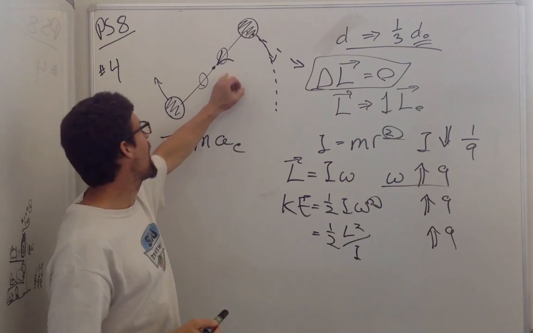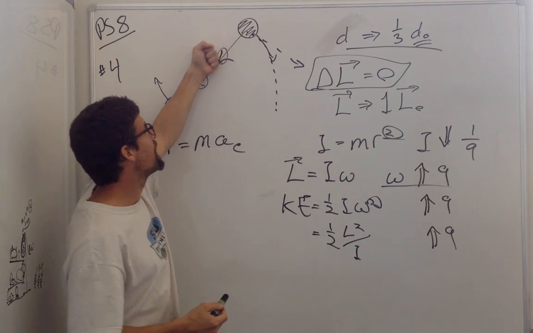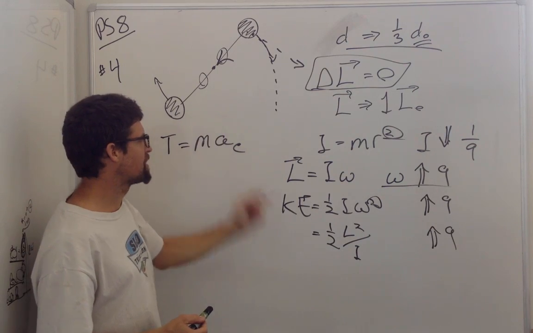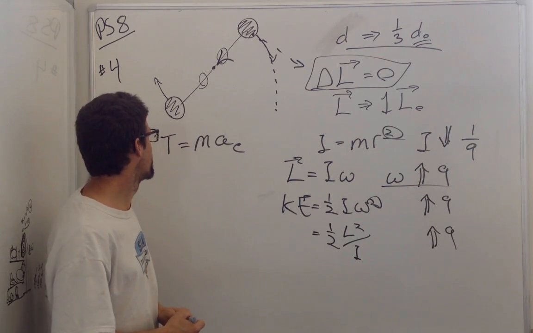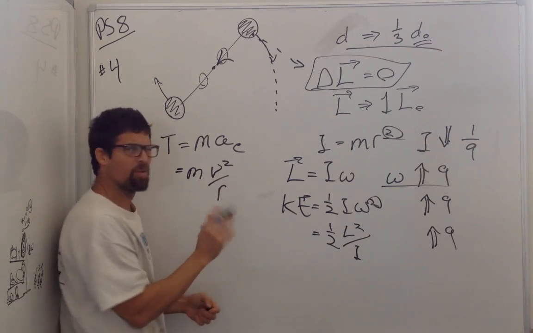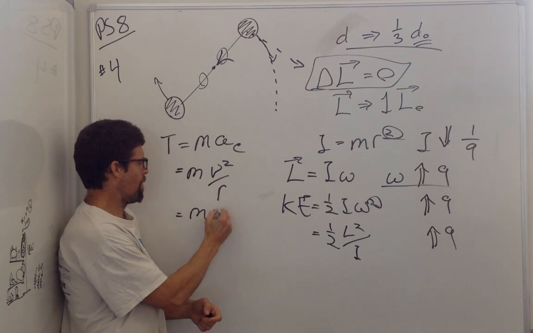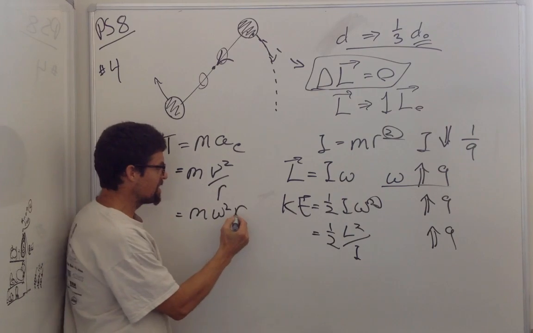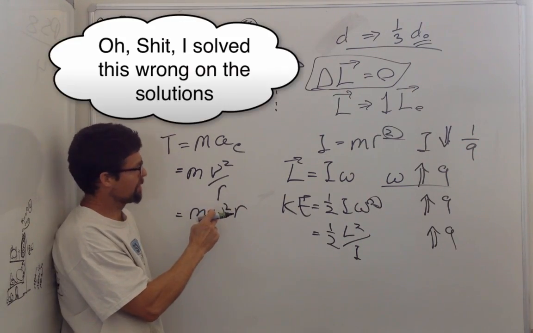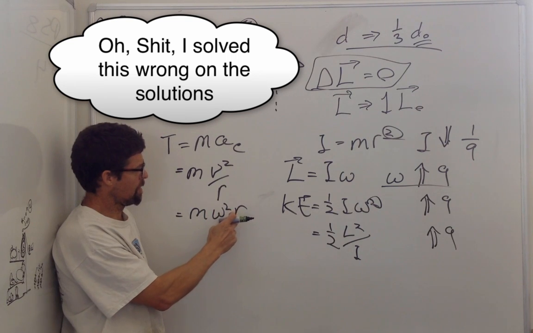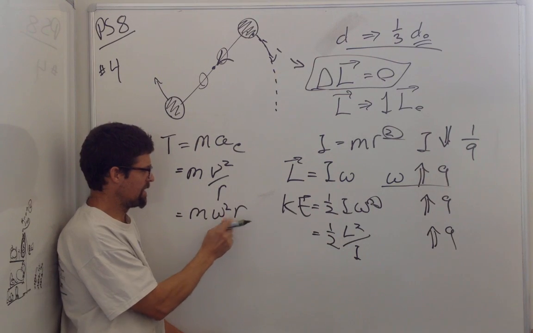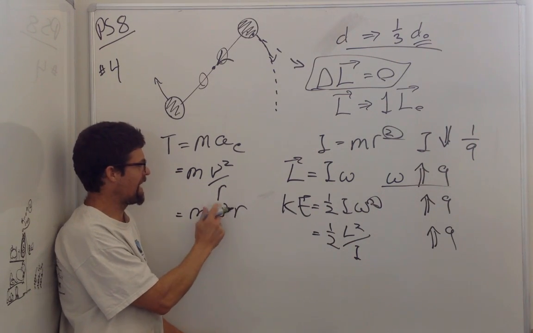So we ask ourselves, what happens to the centripetal acceleration that's necessary to pull these guys in as the radius drops and omega goes up? And we recognize that's mv squared over r. I don't really like that. I like m omega squared r better because I can see this goes down by a factor of 3, but this goes up by a factor of 9, and it's squared.